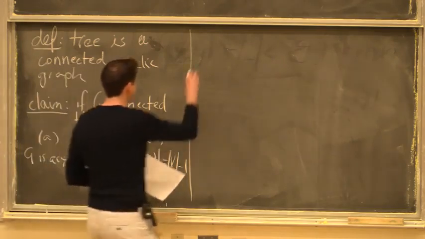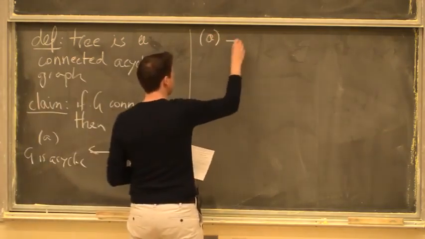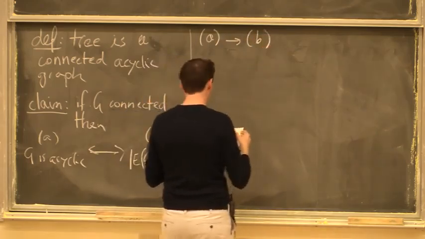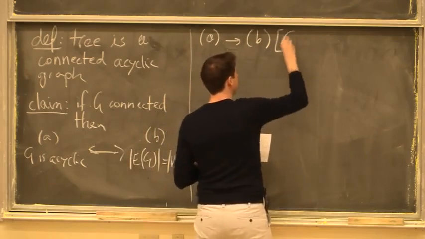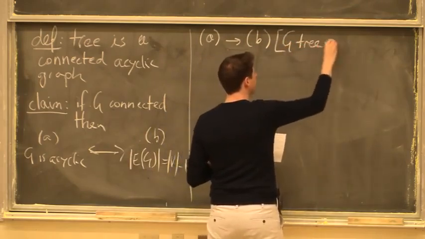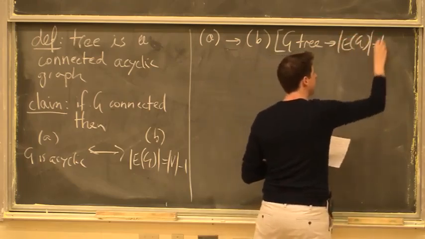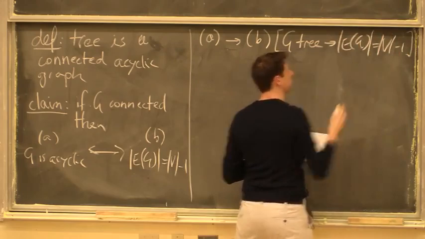So let's first see the condition that A implies B. Another way to say it is that if G is a tree, then its edge set is exactly v-1.